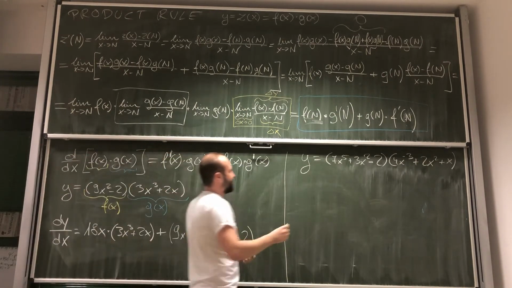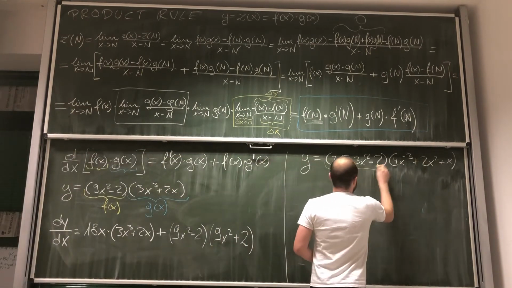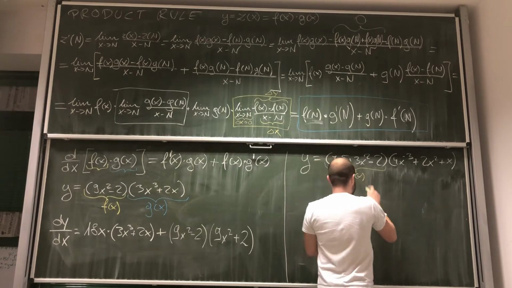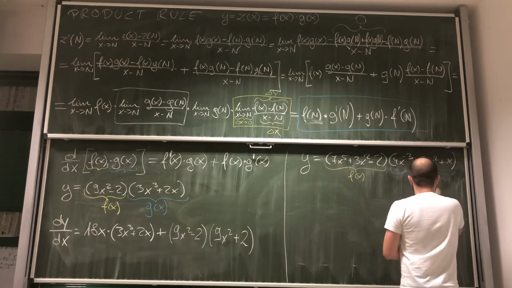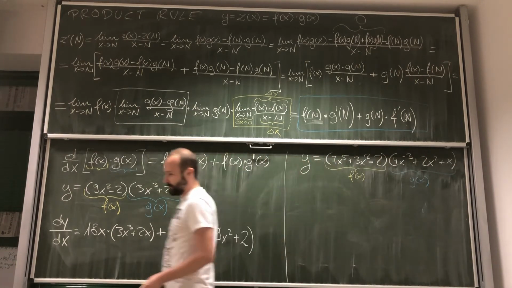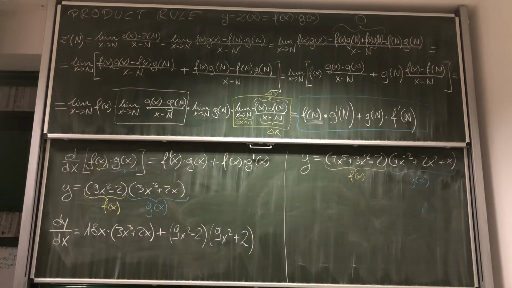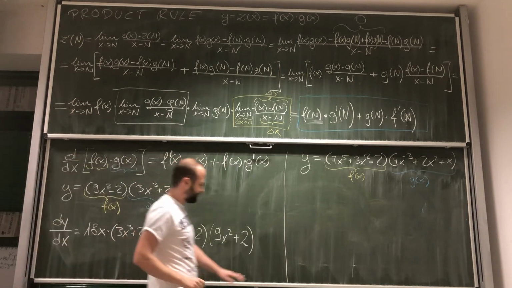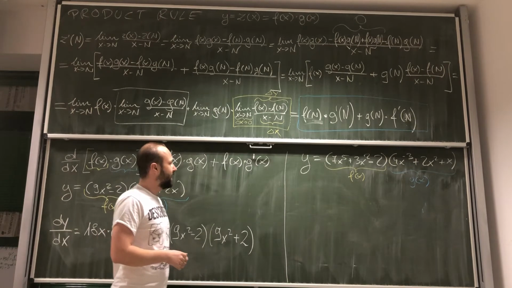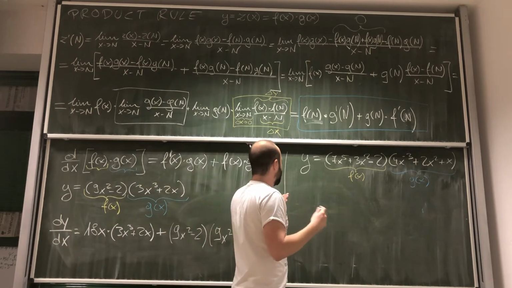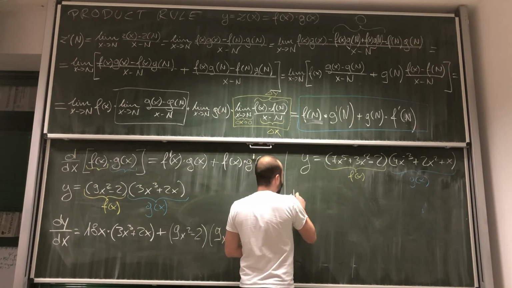We are imagining this is our f of x and this is our g of x. So what should we do now? We just follow the rule.